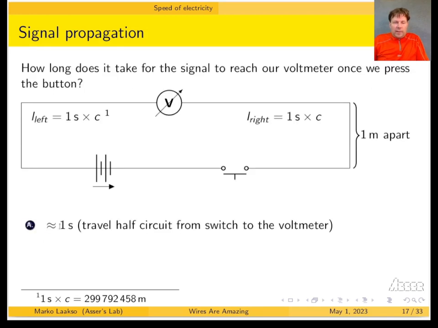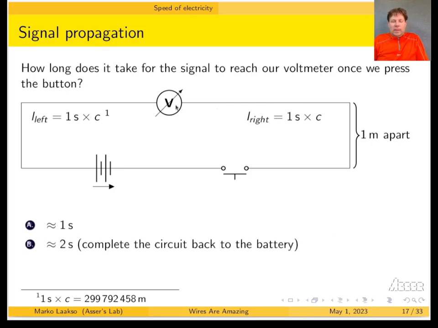Option A is that it takes roughly 1 second to travel a half circuit from the switch to voltmeter. So the electricity goes from here to here, and then we have the response. Option B, it takes 2 seconds to complete the whole circuit back to the battery or to the switch, if we assume that they are practically at the same place.